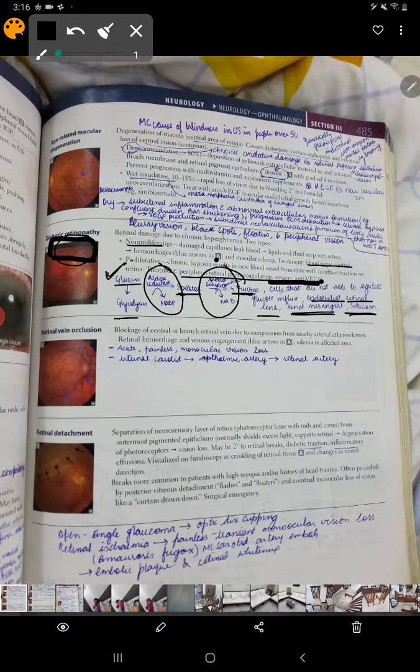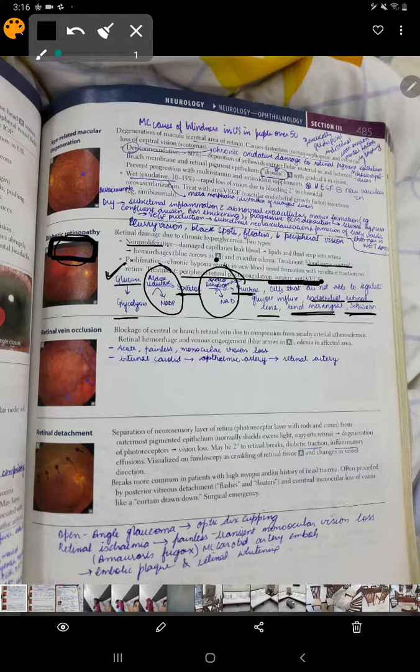Now, retinal vein occlusion. So, as far as I remember, it is GLUT4 which is not insulin regulated. You can correct me in the comments if I'm wrong. GLUT4 is found in the adipose tissue and in the muscles.